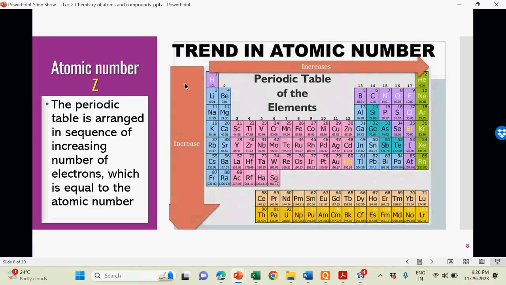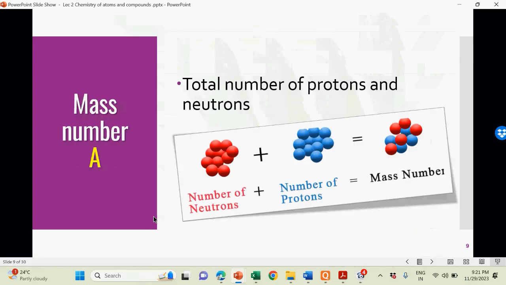So this is how the periodic table is arranged, and the message we want to take from this slide is that all the elements have an atomic number equivalent to the number of protons in the nucleus, or, since they are neutral atoms, the same as the number of electrons. Atomic number is the number of the electrons or the number of protons.